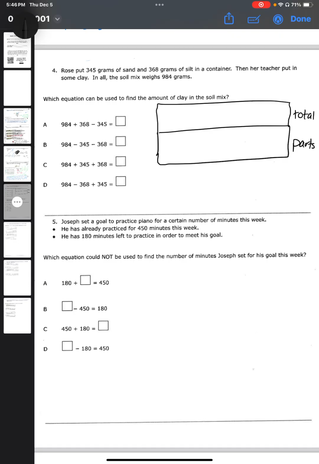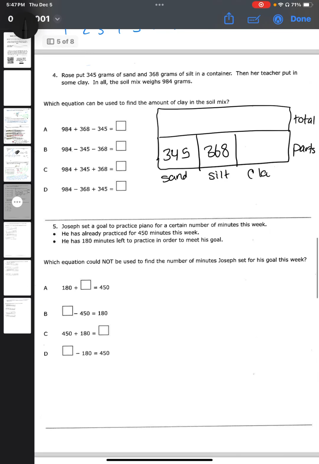We know that she put 345 grams of sand in a container, 368 grams of silt, and then her teacher put some clay, but we don't know how much clay, so there are our parts. In all, the soil mix weighs 984 grams, so we have our total.